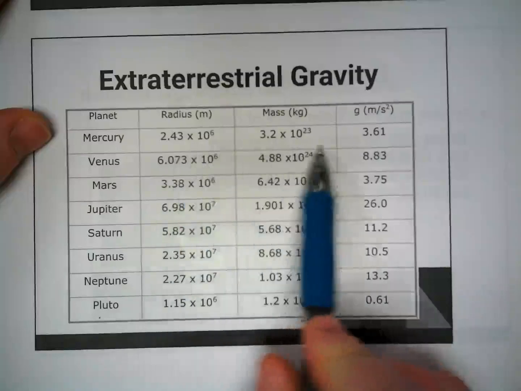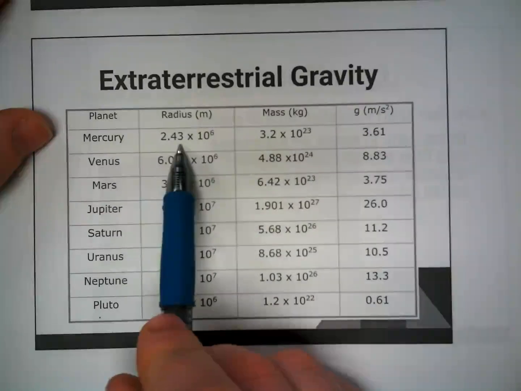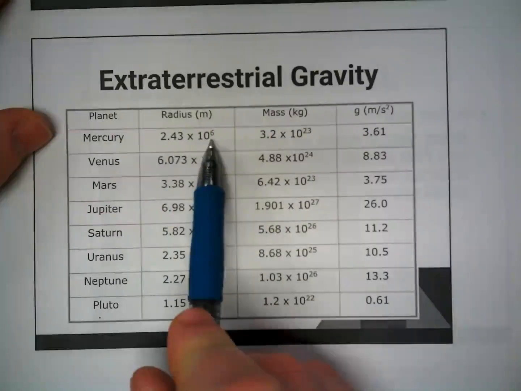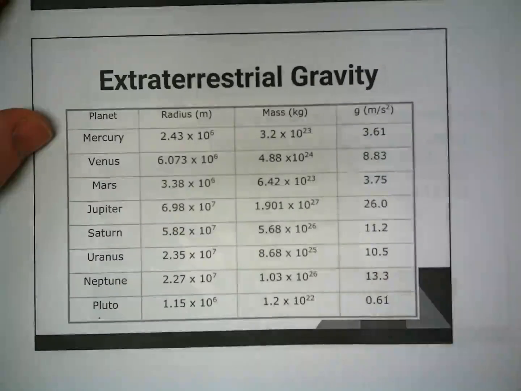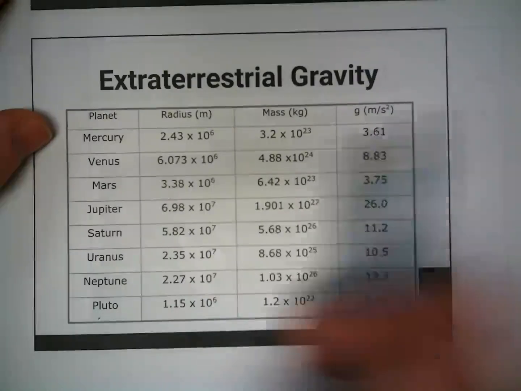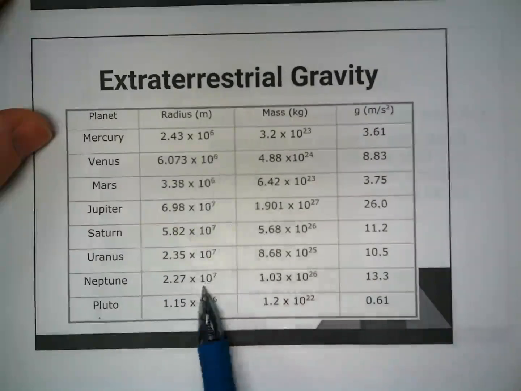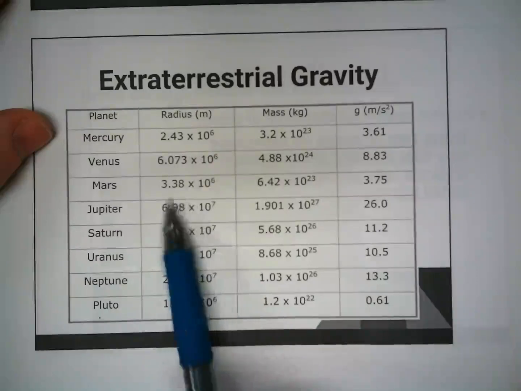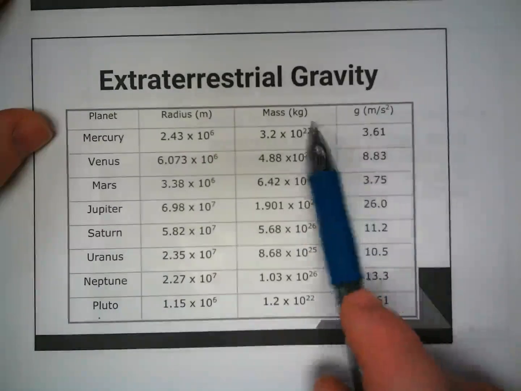But here's what I really want you to notice: look at the sig figs that are used here. Look at the radius, specifically the radius from the center point of these objects to the surface. Notice how big these numbers are, but look how small their sig figs are, especially for the mass.